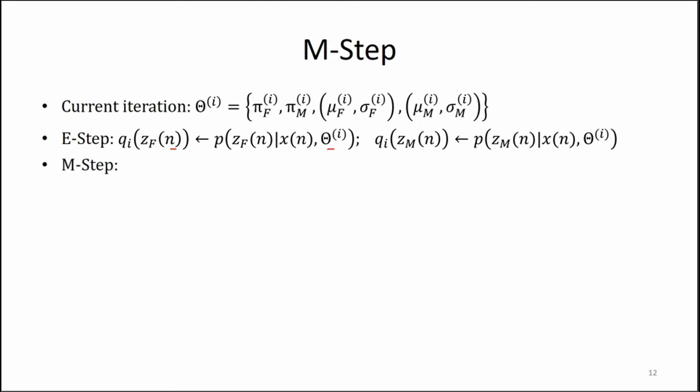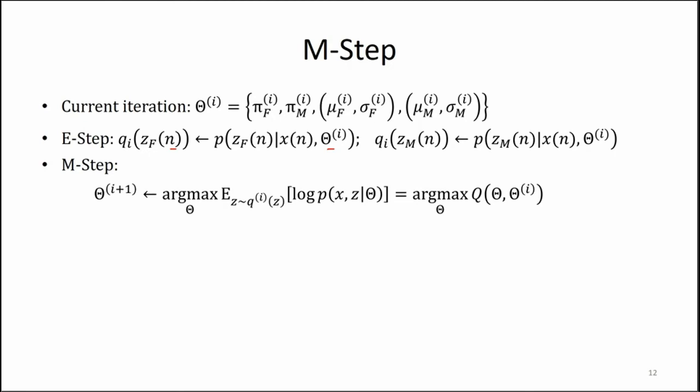Now the M step: we have to maximize the expected value of the log of the joint probability P of x, z given theta, under the distribution where z follows q i of z. And if you notice, I moved the subscript i to the superscript here because I need to make room for the subscript later on in this derivation.